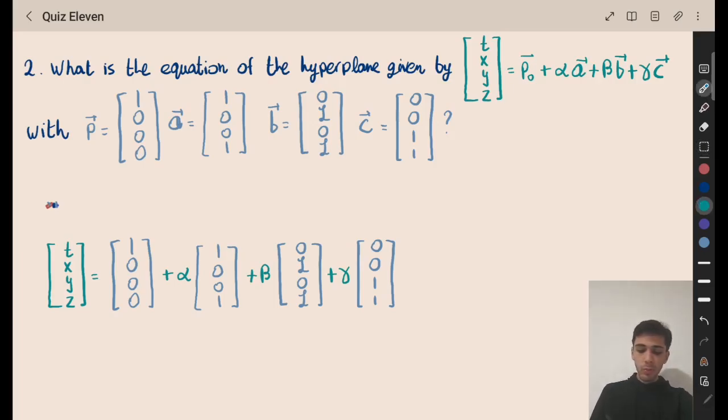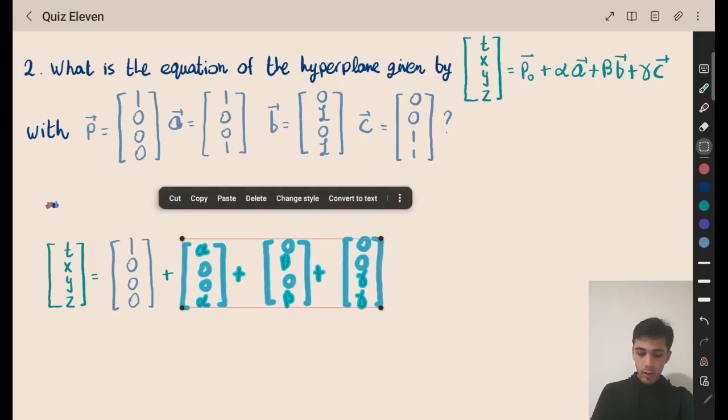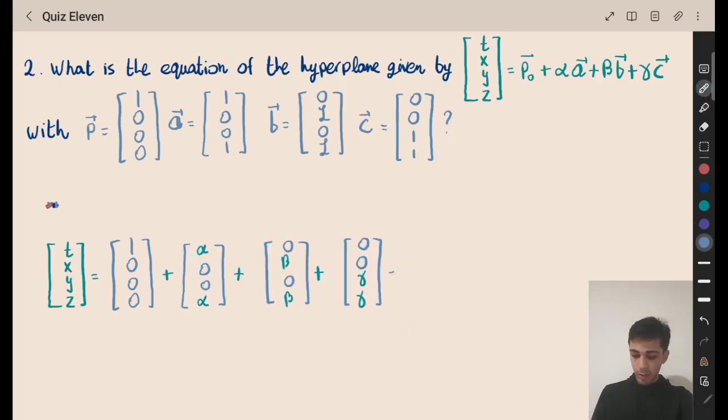I hope these do not scare you away, and I hope you don't mind if I scale the entries. So I'll get alpha here, alpha there, beta here, beta there, and 2 gammas here as well. And I can even take this one step further and write it as an addition of coordinates.